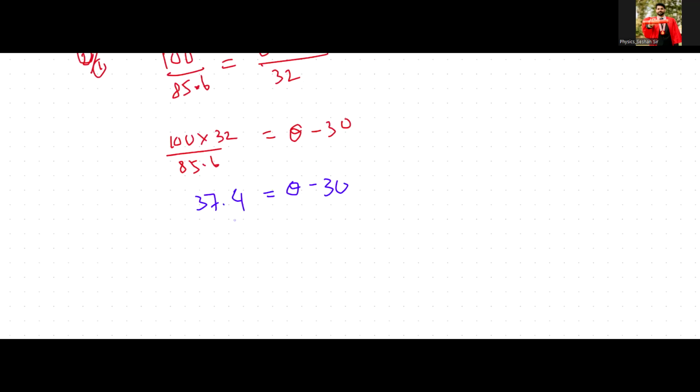So theta is equal to 37.4 plus 30, which is 67.4 Celsius. Okay, that is the final answer for this one.